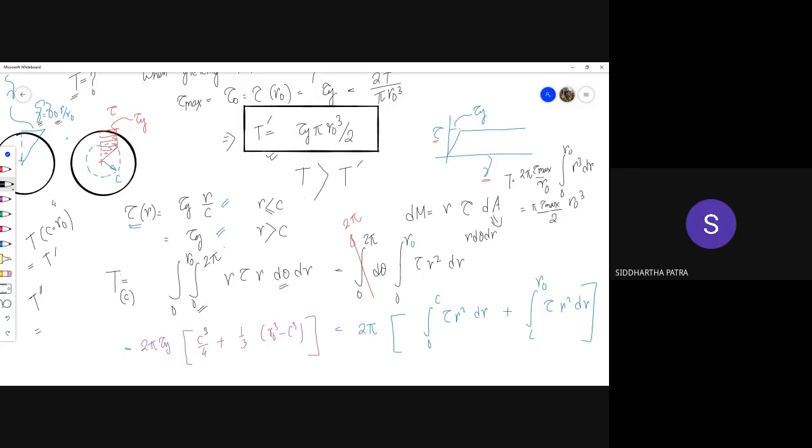You see, if the entire section has turned into plastic, so it is entirely tau y, then the shaft, being elastic perfectly plastic material, cannot take any further torque, which means the size of the elastic core has reduced to 0.